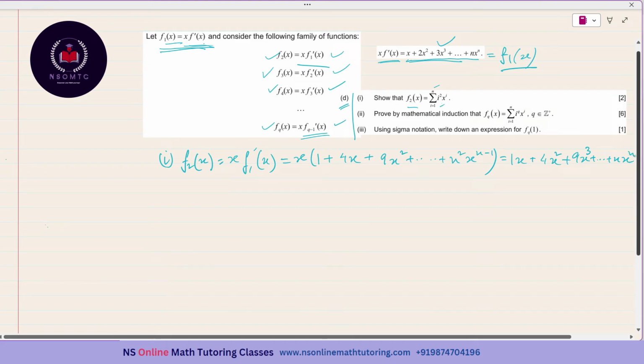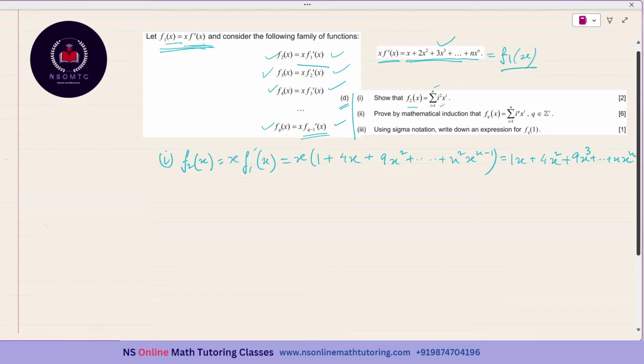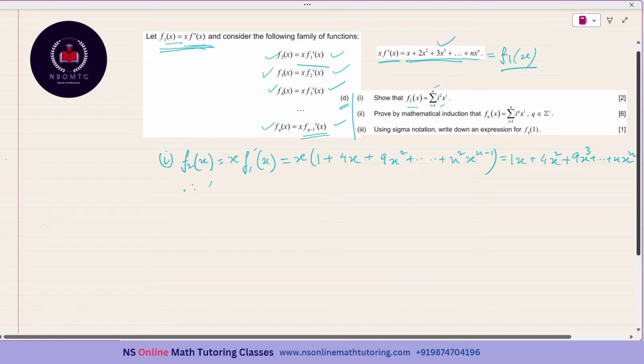So this can be written as: 1 is 1 squared, 4 is 2 squared, 9 is 3 squared, and this is n squared. So whatever is the power of x, that squared is the coefficient of the term.